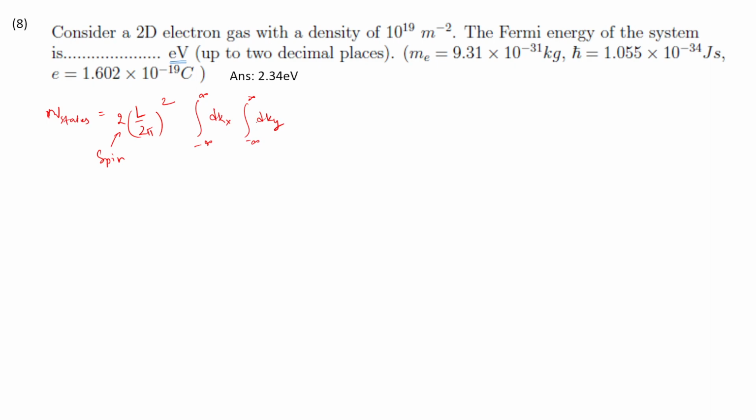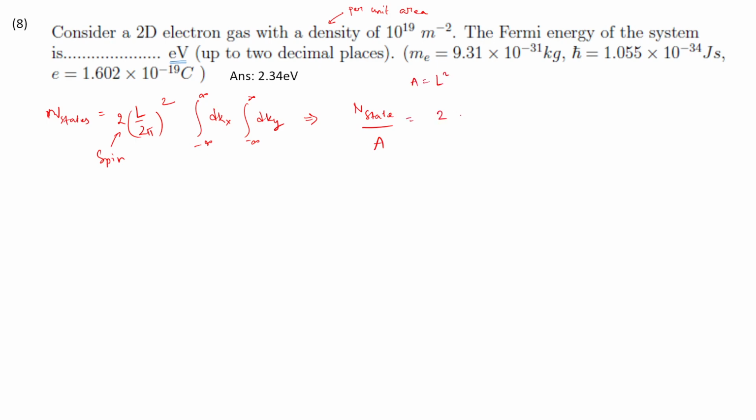This is the number of states. And now what we want to find is the number of states per unit area. Here the density means number of electrons per unit area.